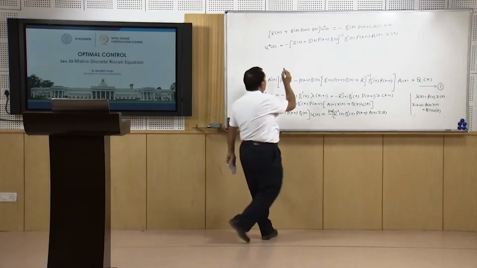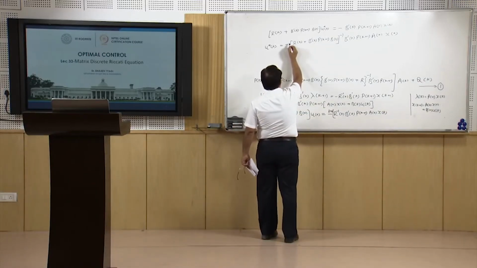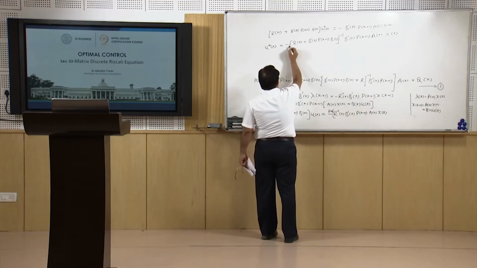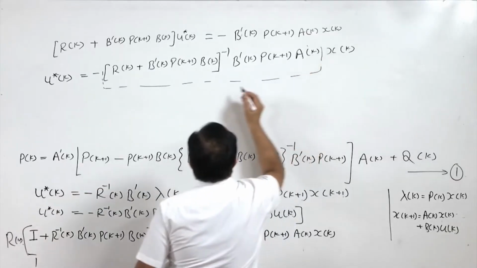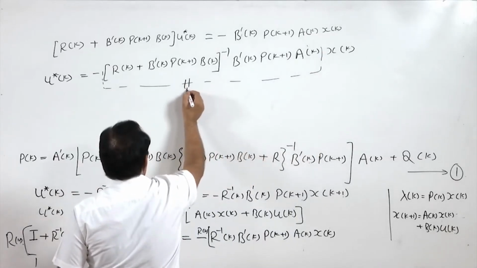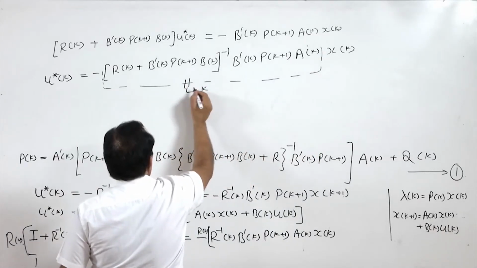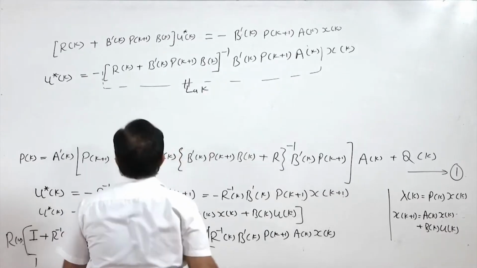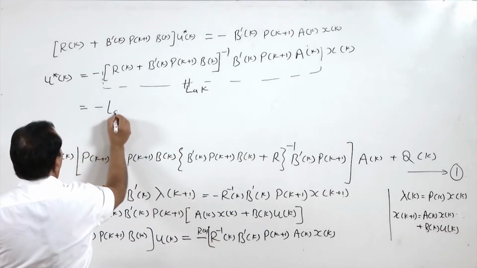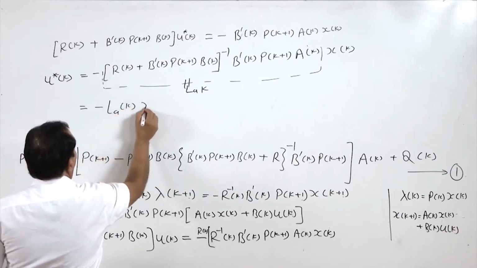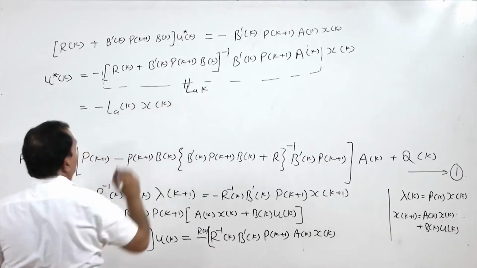So, now this whole I can represent as my L(k), and I can write this as nothing but minus L(k) x(k).